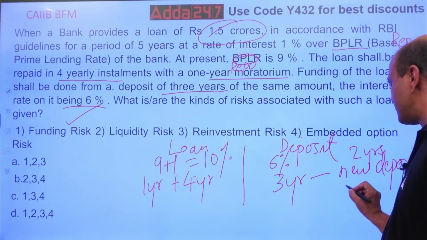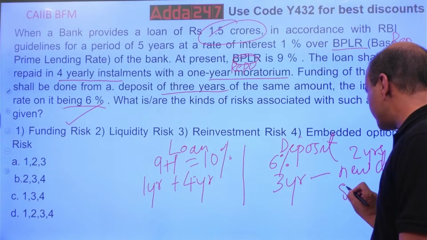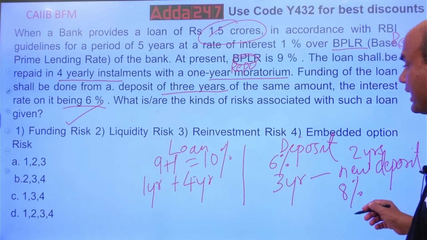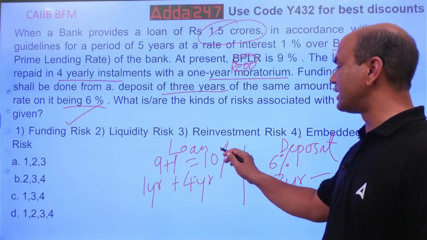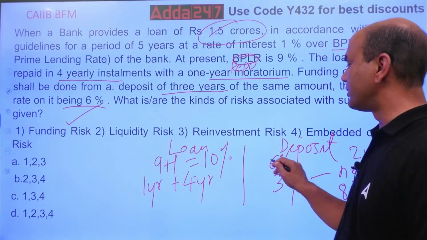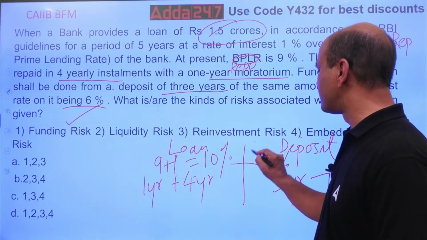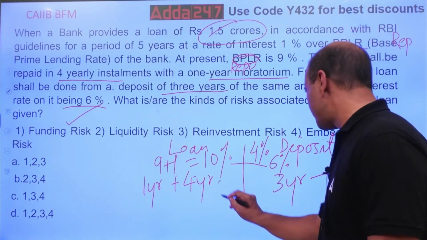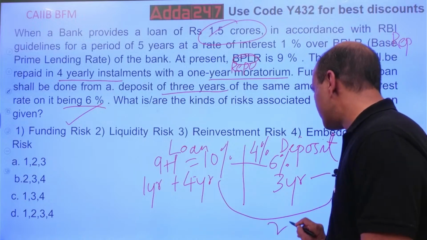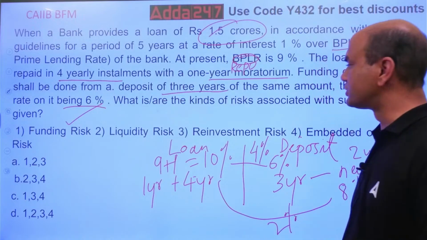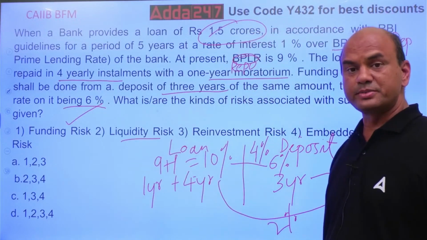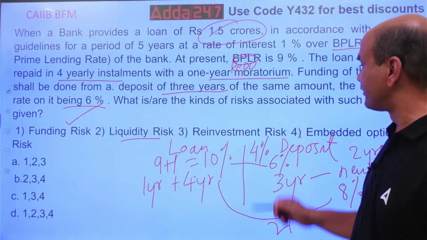Suppose I get a new deposit at let's say 8% after 3 years. So what is my NII over here? Here the NII was 10 minus 6, so it was 4%. But here that NII will be 10 minus 8, 2%. So my NII has reduced, so I will be facing the liquidity risk. My spread has reduced, isn't it?